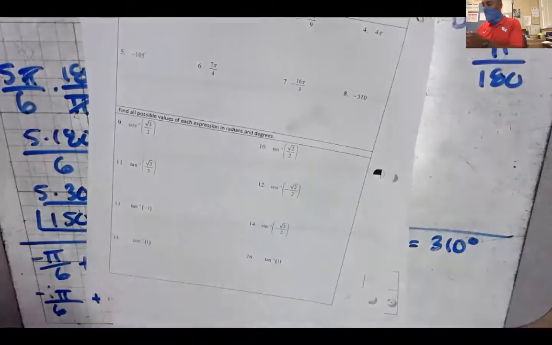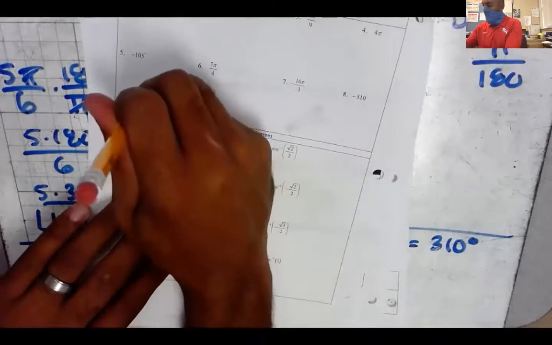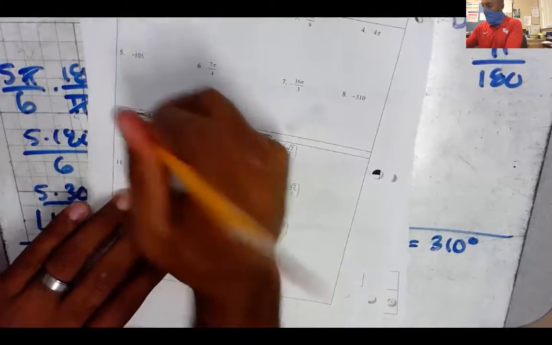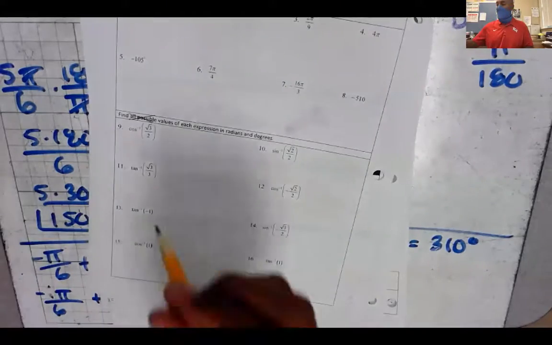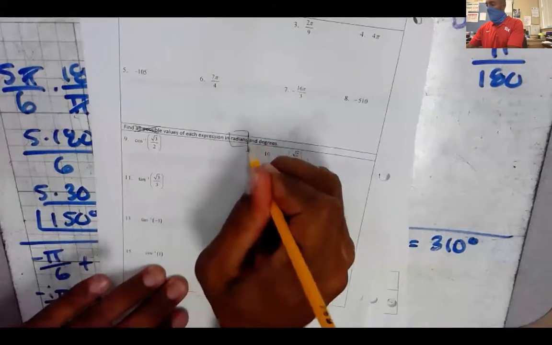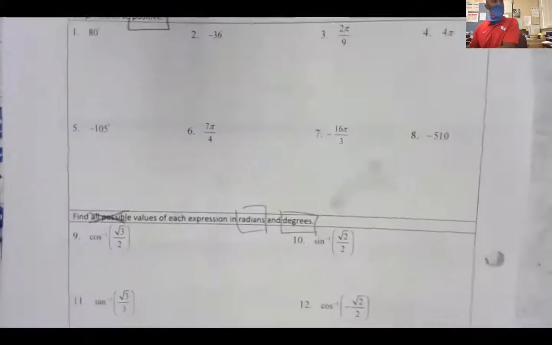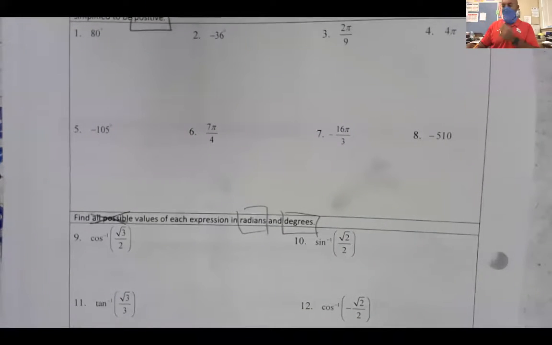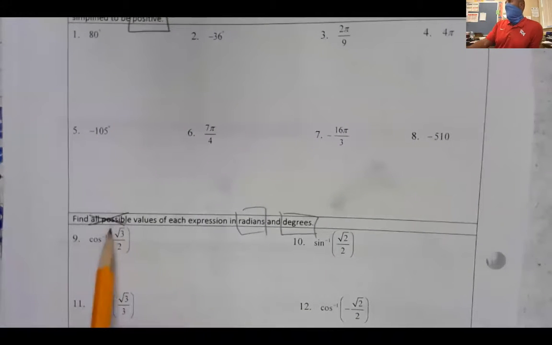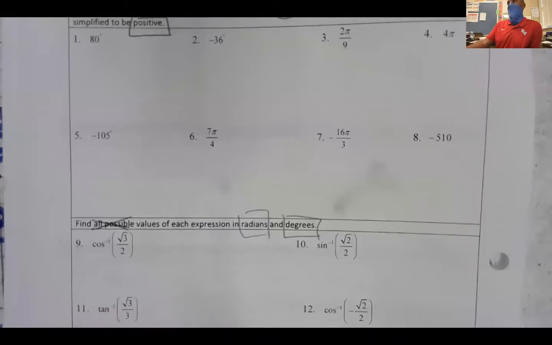You know what, matter of fact, just cross that out. Just say find values of each expression in radians and degrees. So you guys, you're just gonna find this in radians and degrees. Because in order to do all possible values, you guys need the unit circle, and that's not till the next lesson. So I want to skip that part of it.